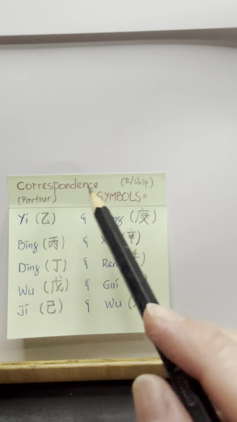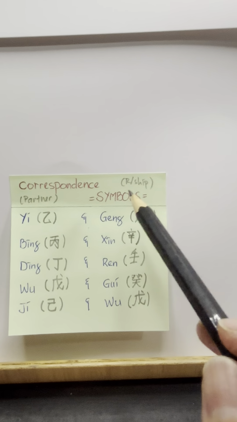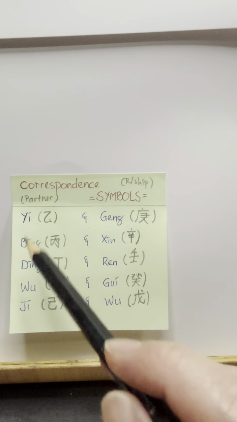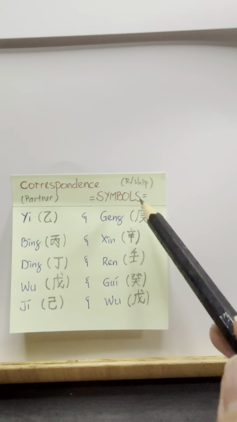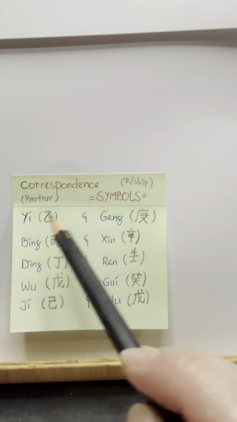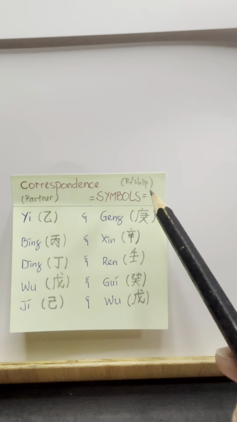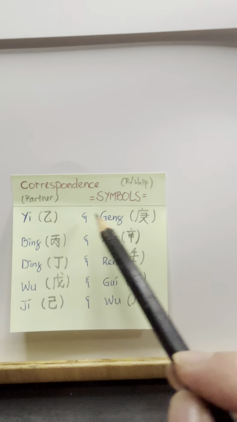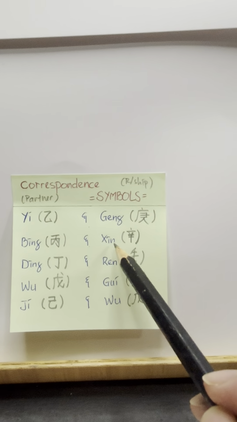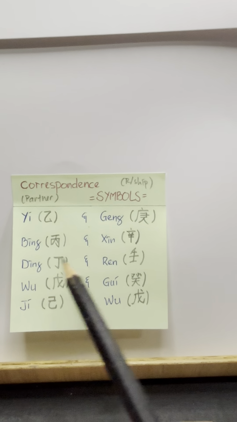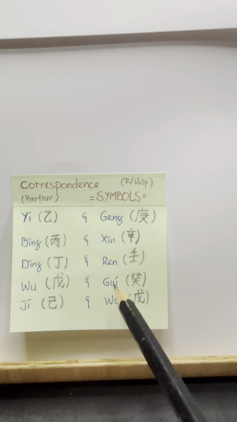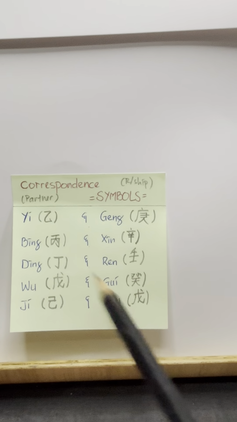This is a fixed formula in identifying the correspondent symbols for relationship. So in the box, we should be able to find any of these combinations: Yi and Keng, or Ping and Xin, or Ting and Ren, Wu and Kui, or Ji and Wu, in this order.